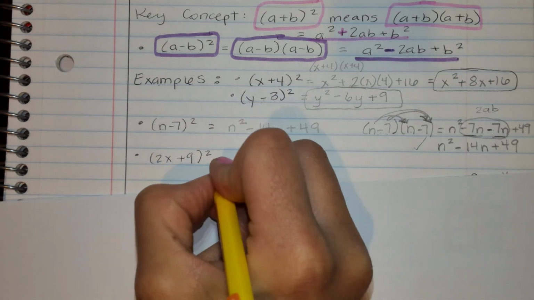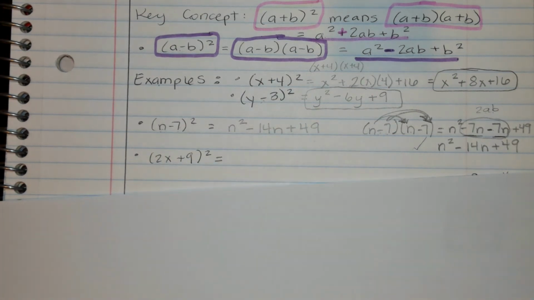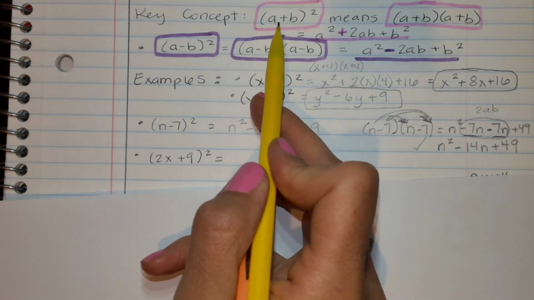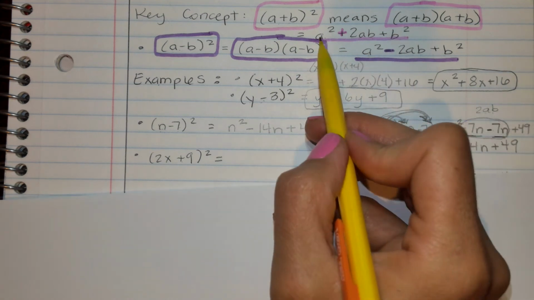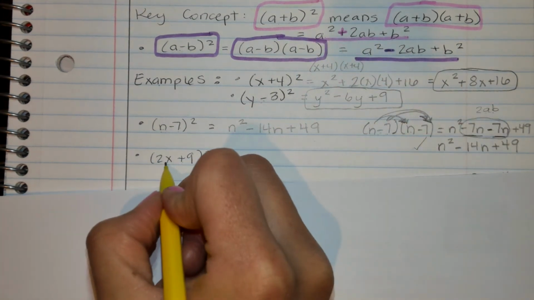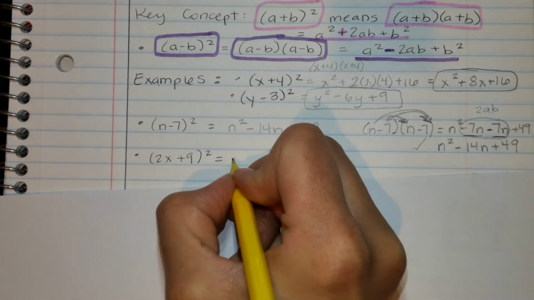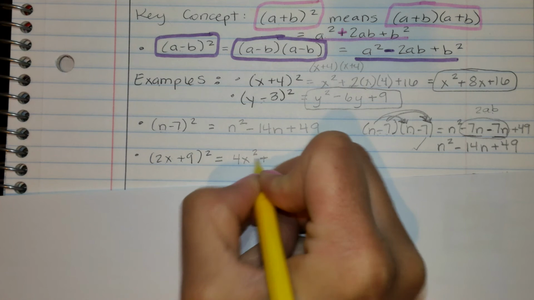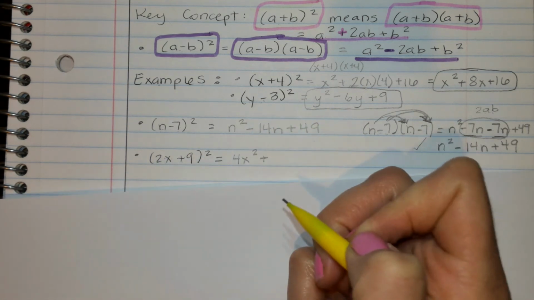So let's follow this shortcut for 2x plus 9 squared. Notice it's a plus, so I'm looking at this one up here with the plus. A plus b squared, I have to have a squared plus 2ab plus b squared. So I always just think first squared, 2x squared is 2x times 2x, so 4x squared, plus I multiply them together, but then I have to times by 2.